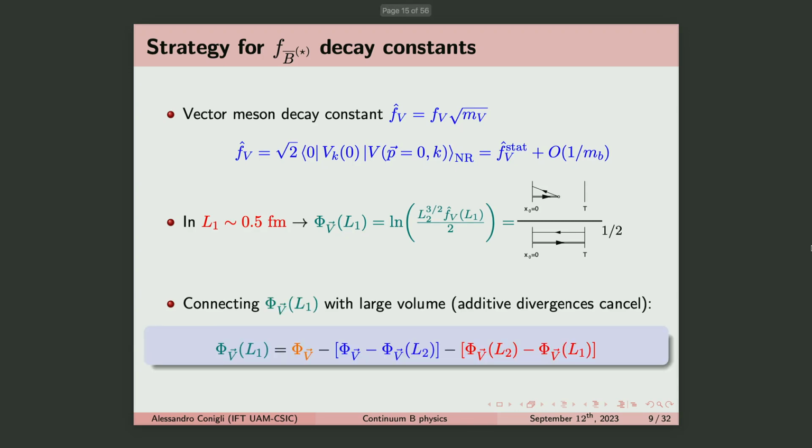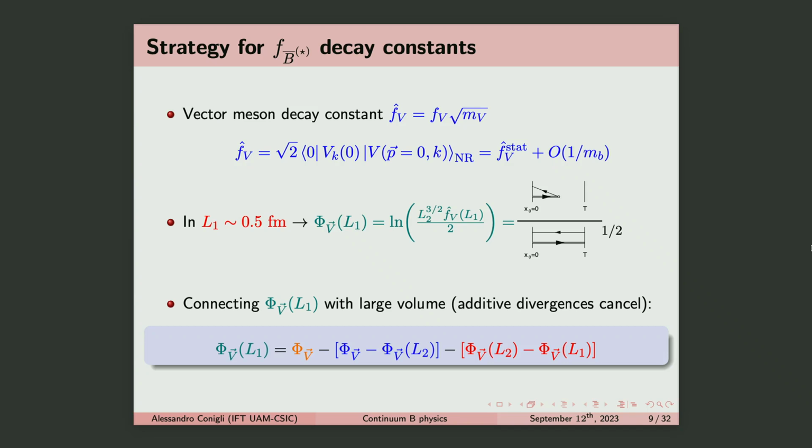So now, what we simply have to do is to connect the finite volume matrix element in L1 with the large volume, again in such a way that the additive divergences are cancelled out, and we again end up with this equation that connects the finite volume matrix element to the other volumes by always cancelling the divergences.